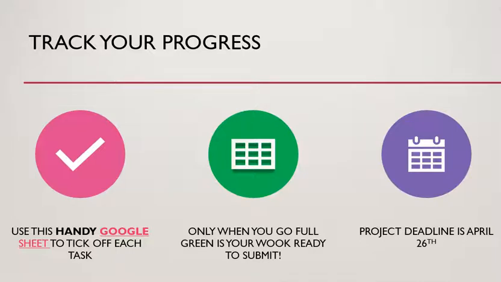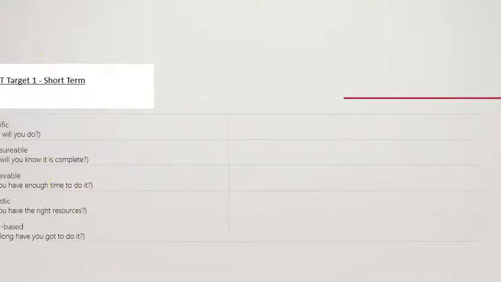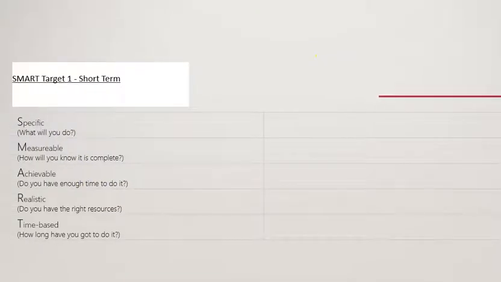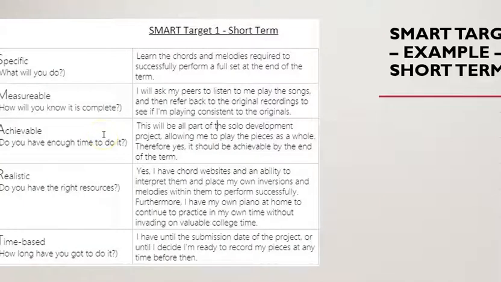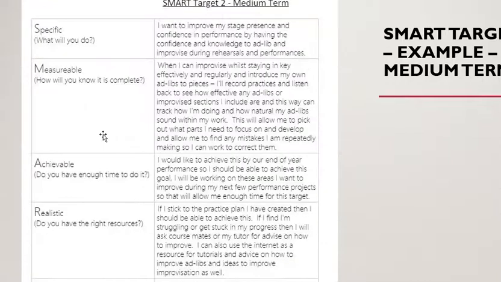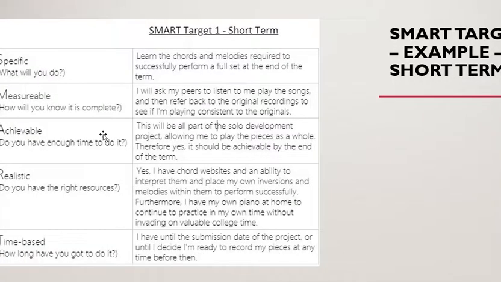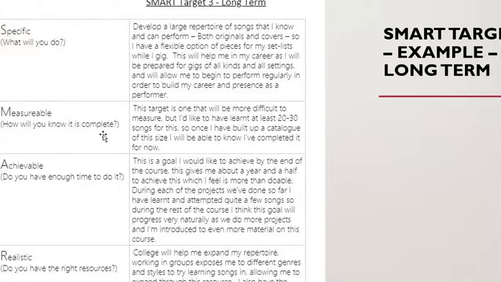That's the main focus of this lesson, and in the lesson itself I'll be answering any questions that you have. I've noticed some of you have managed to do your SMART targets, short-term reviews, and they should look something like that. You've got your short term, your medium term, and your long term.